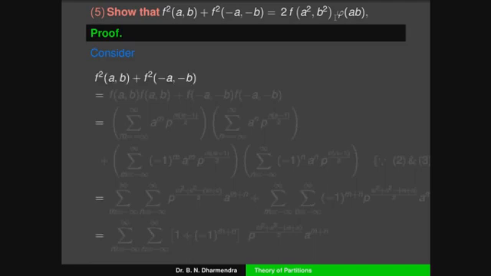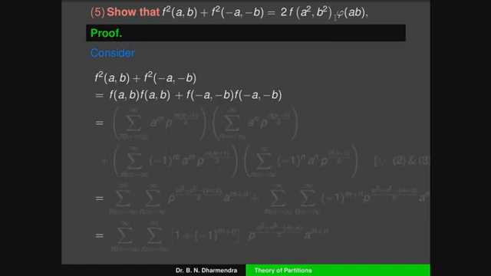The left hand side, that is f square of ab plus f square of minus ab, can be written as f of ab into f of ab, and also the next term, plus f of minus a comma minus b into f of minus a comma minus b.